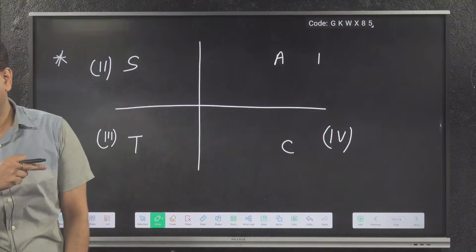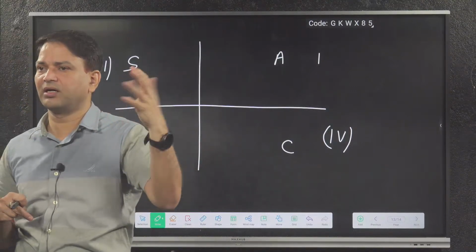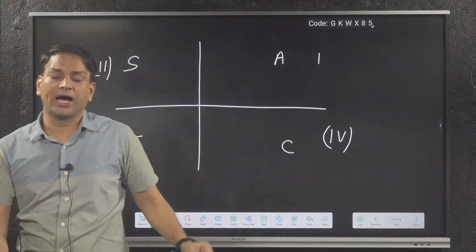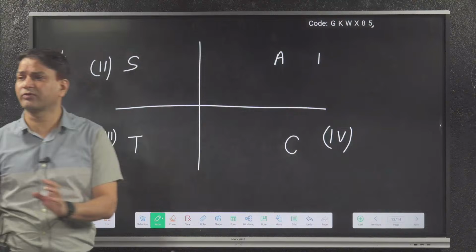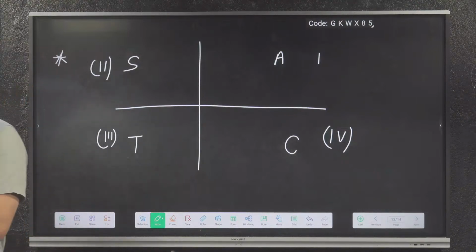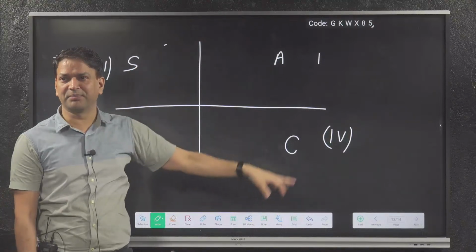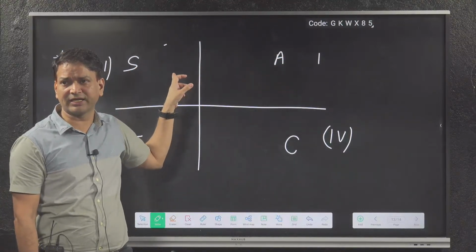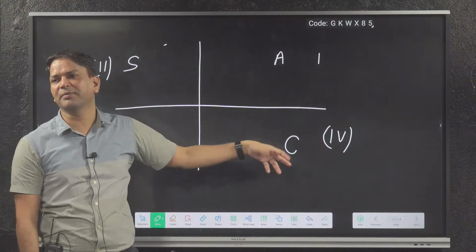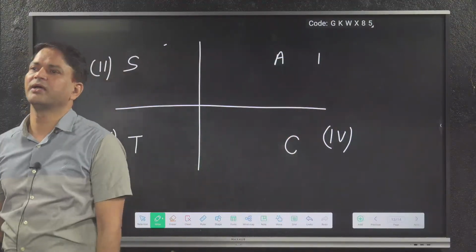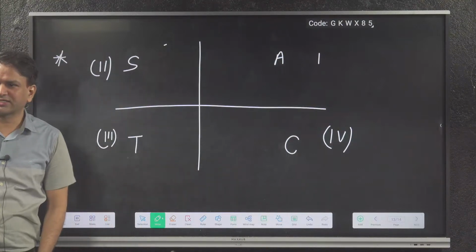In the third quadrant, tan is positive and the rest negative. In the fourth quadrant, cos is positive and the rest negative. Does everybody have the idea? All Silver Tea Cup: all positive, second quadrant sine, T for tan, and C for cos. So everybody knows the sign convention.